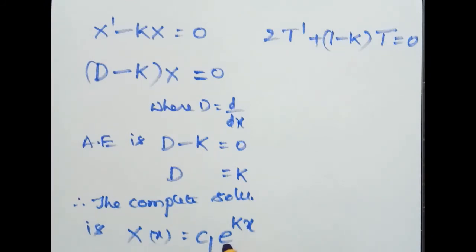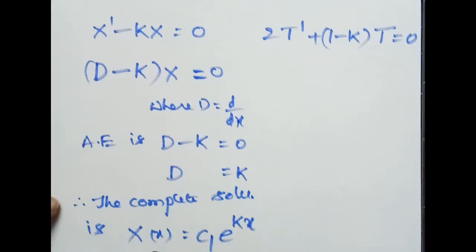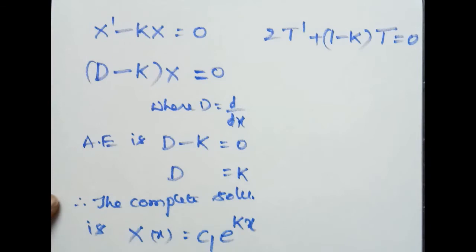In ordinary differential equations, y is the dependent variable and x is the independent variable, and the solution is y equal to c1 into e to the power of constant into independent variable x.